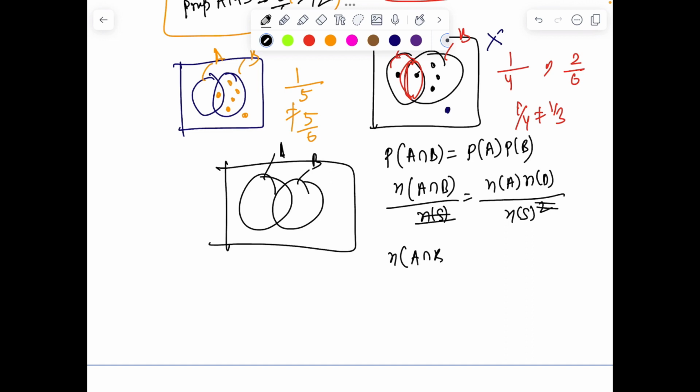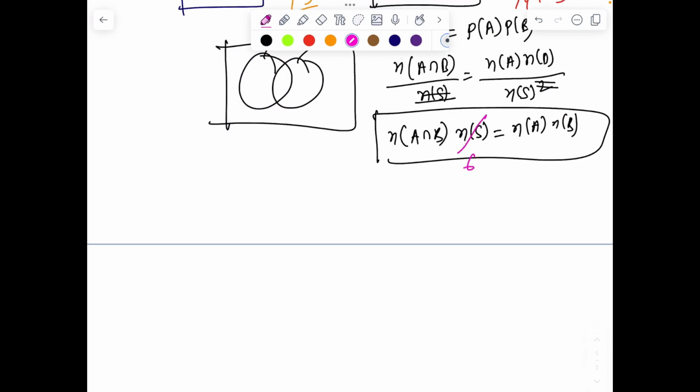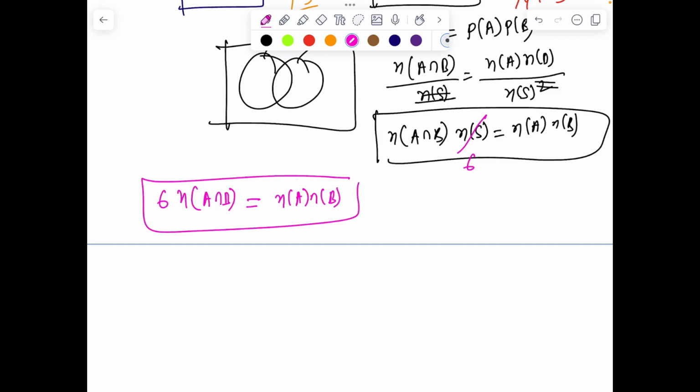So N(A∩B) times N(S) equals N(A) times N(B). In this case we already know the number of elements in the sample space is 6, so N(A∩B) times 6 will be N(A) times N(B). Now we can do casework.